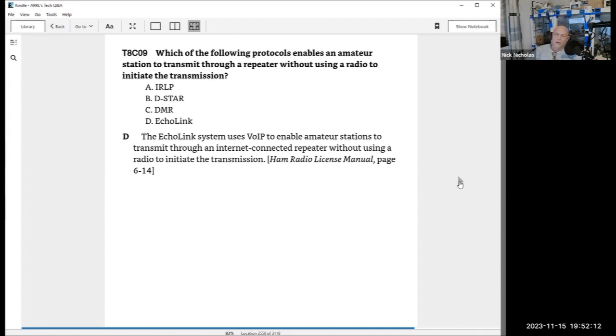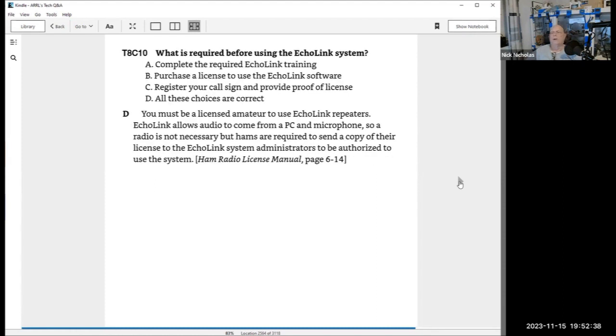From Echolink, any access to the internet can get you to the Echolink's website. On the Echolink website, you can punch in the repeater that's linked onto Echolink. You can bring up that repeater from a keyboard or touch screen on your device, and you can work that repeater from anywhere in the world. Well, there might be some foreign countries that will put you in jail for it, but generally you can.